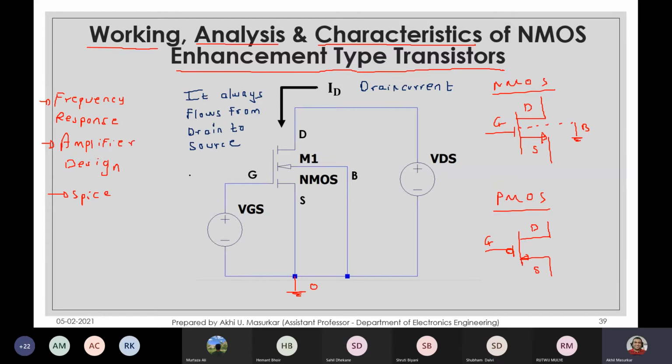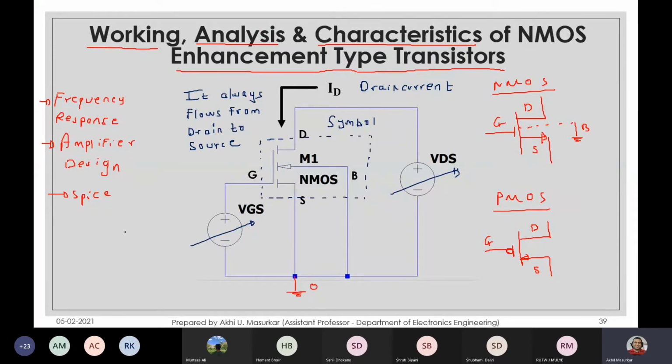So this diagram is drawn symbol-wise. This much is the symbol of the MOSFET. What we generally do is we vary VGS and VDS.